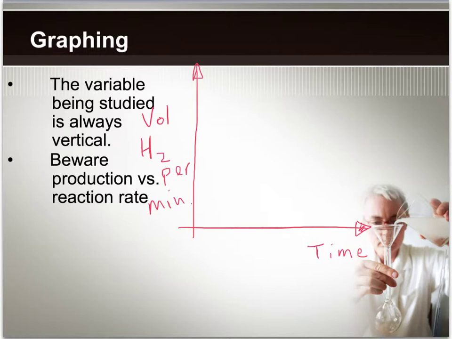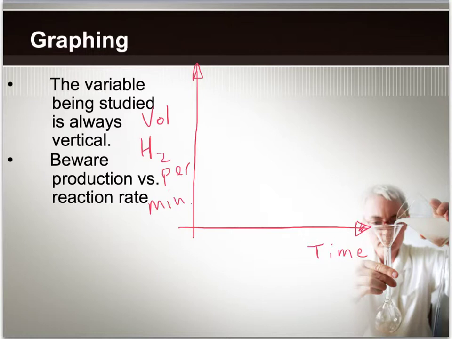We need to be very clear when looking at this that we're not looking at the amount of hydrogen that's being produced as an absolute, but we're looking at the rate of that hydrogen production.